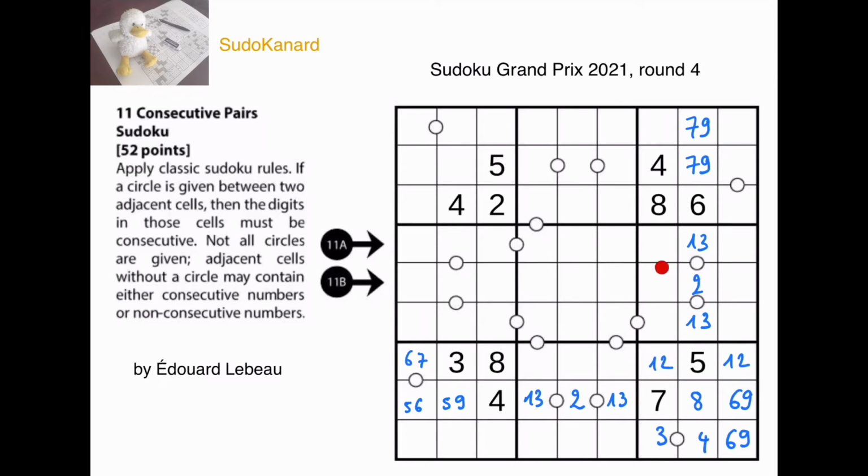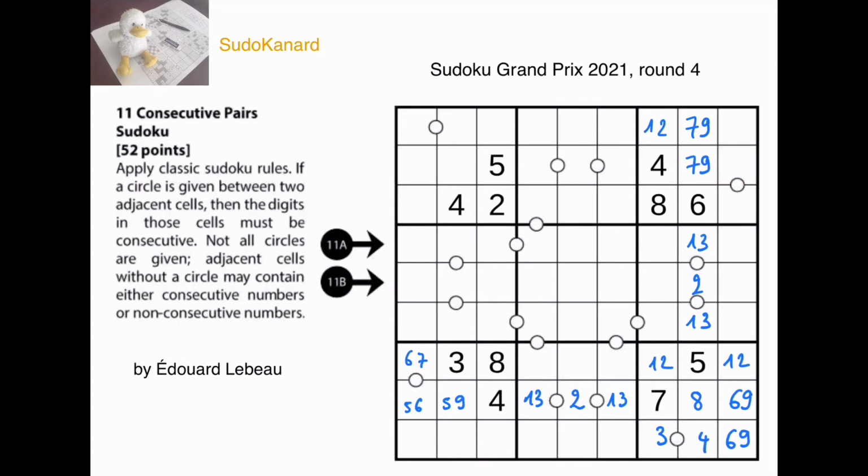Something interesting here in this column. We need to have 1 and 2 in this column. One of them is here, and the other one must be up there because none of them would fit in this box. So this is 1 or 2. And what will be here? Here's something interesting about this kind of domino.